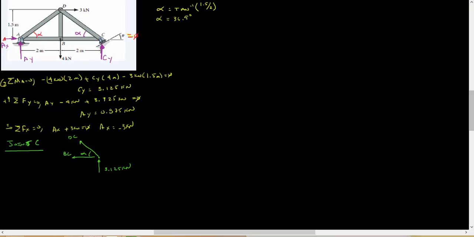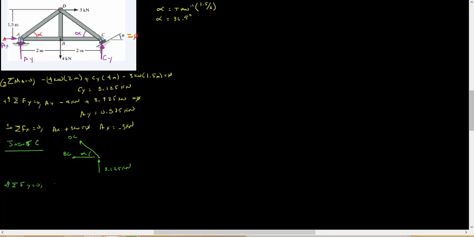So if I sum my forces in the y direction here, and why do I sum my forces in the y first? Well, if I sum my forces in the x, I'd have two unknowns. If I sum my forces in the y, I don't need to worry about BC, so I'm solving just for DC.